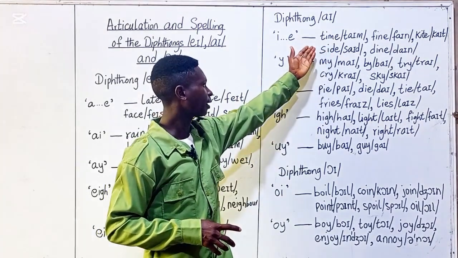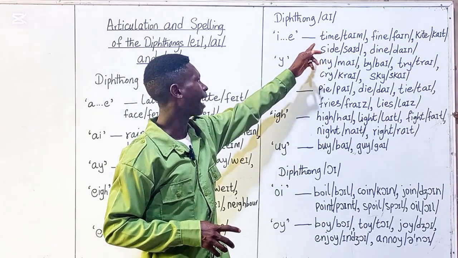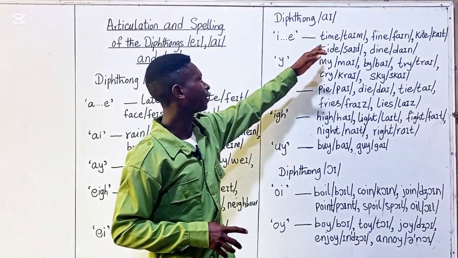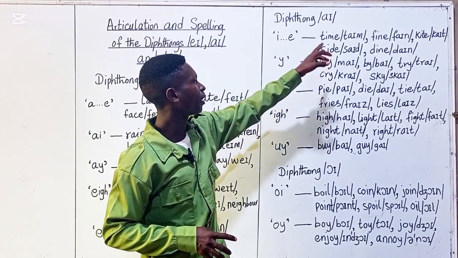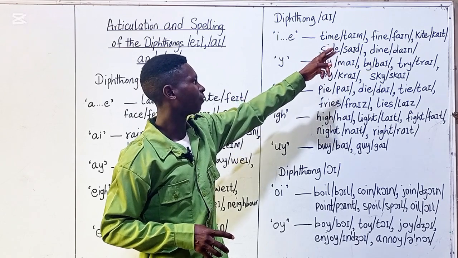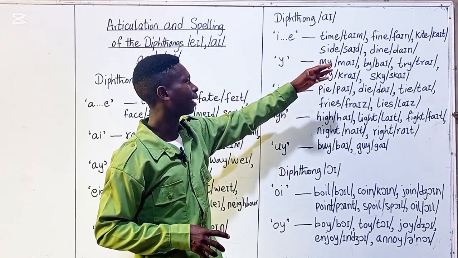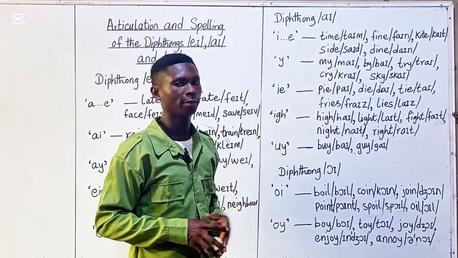So you can see in these words, in between I and E, we have consonant letters such as M in time, N in fine, T in kite, and N in dine.